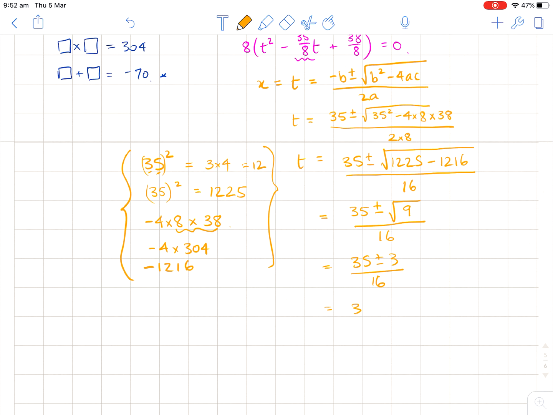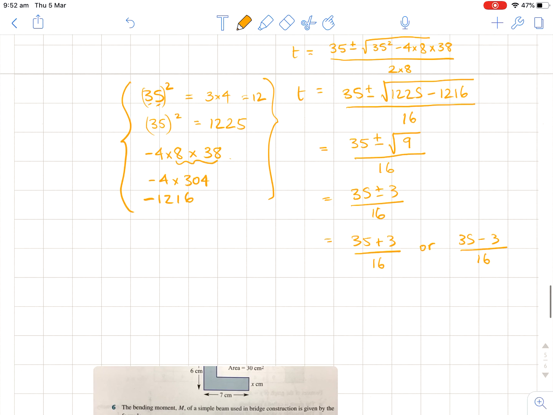That gives 35 plus 3 divided by 16, or 35 minus 3 divided by 16, which is 38 on 16, which is 19 on 8, or 32 on 16, which equals 2.